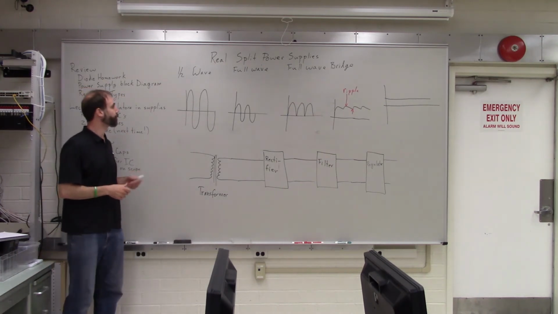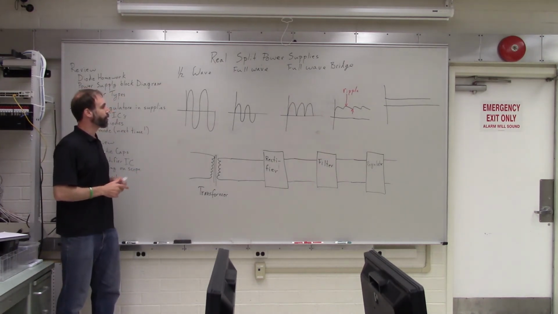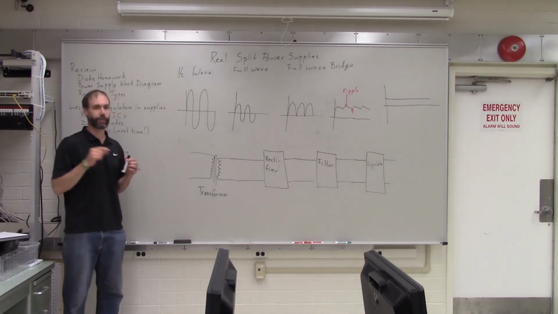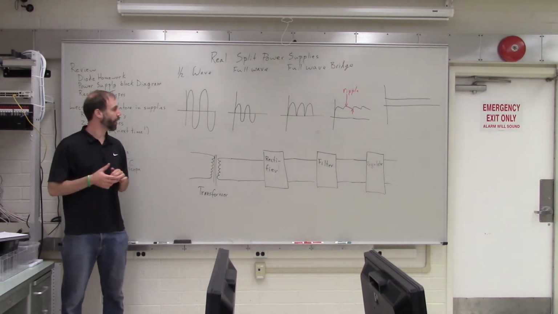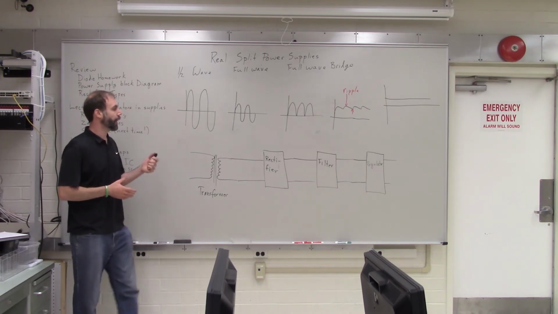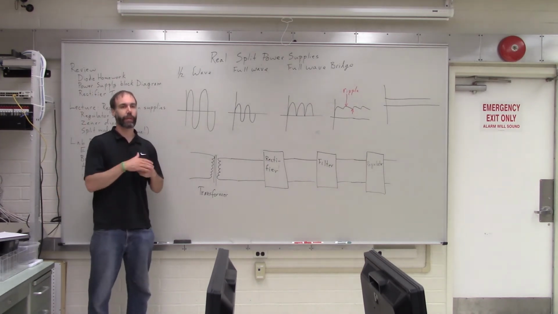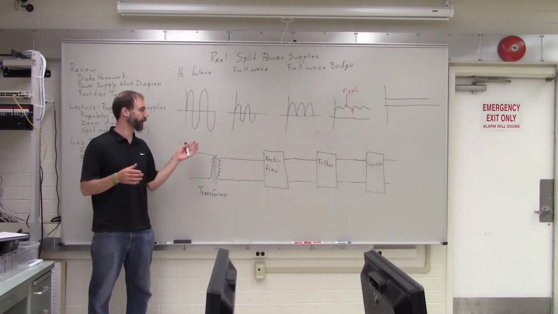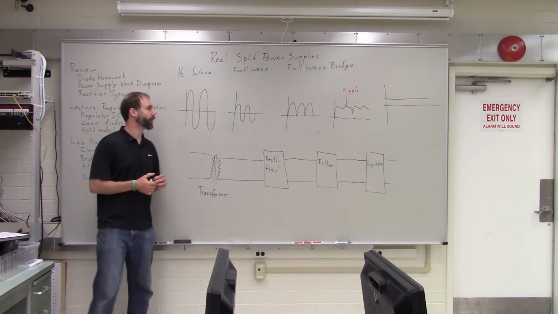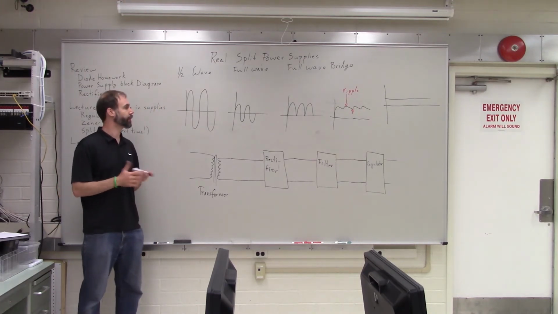So remember the half-wave rectifier, it was just a single diode, and it only captured the positive half of the signal. It just got rid of the negative half. So that wasn't so great because it was kind of inefficient, right?